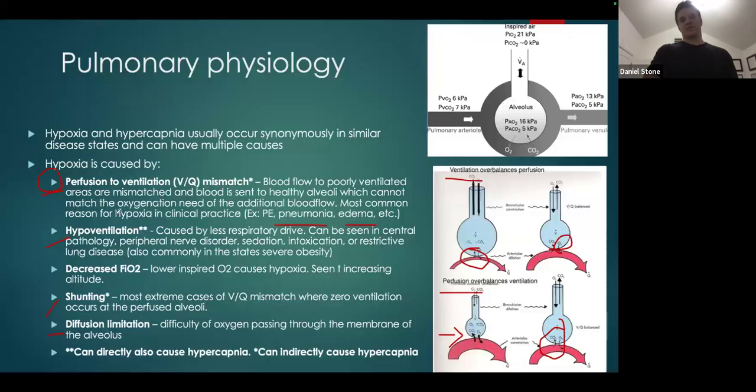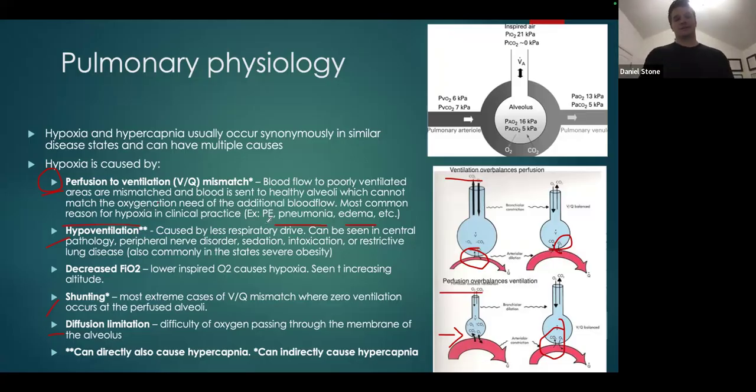This is the most important reason for hypoxia in clinical practice, and it's probably the most common. We see it in infection. We also see it in blood clots. The pathophysiology is a little bit different because the blood can't get to healthy portions of the lung. So instead you're having perfusion limitation as opposed to ventilation limitation.